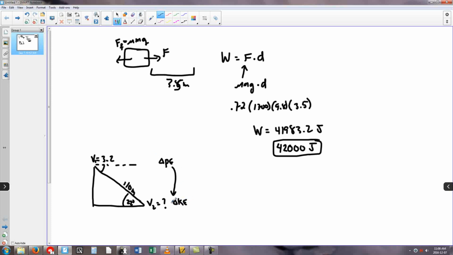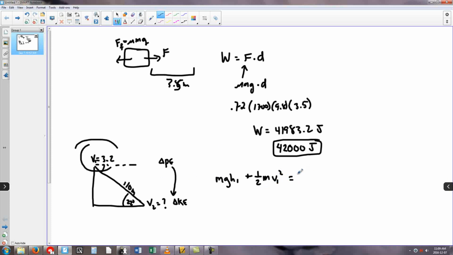That potential energy is going to become kinetic. And so if we look at the initial setup right here at the top of the hill, he has both potential and kinetic energy. So his potential energy would be mgh1 plus his kinetic energy is 1/2 mv1 squared. That's his energy at the top of the hill.